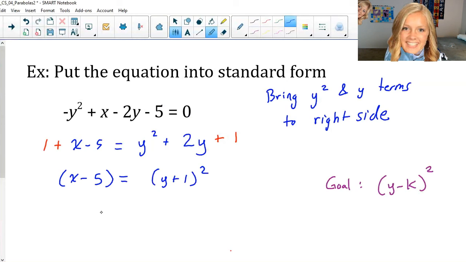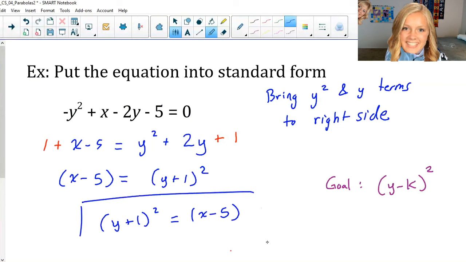I guess technically, if we want it to be perfectly matched up with the form that we're used to, then the squared stuff goes on the left side. Right, so like I said at the beginning, for most of all of these where we have to put into standard form, in some step we're going to need to complete the square. X minus 4. Yes. Thank you.